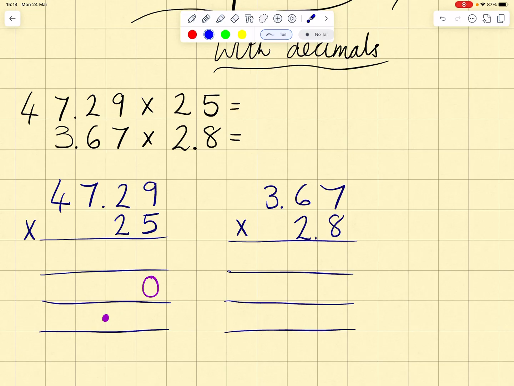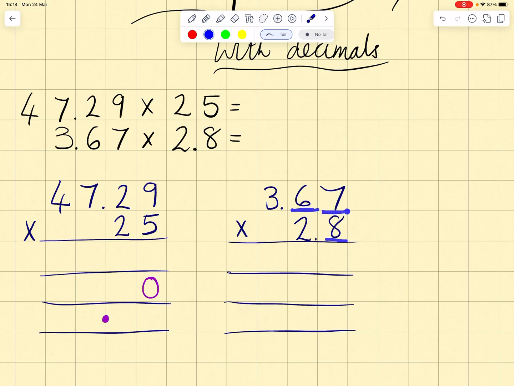So here I've got 1, 2 after this decimal, and 1 after this one. In total, that makes 3. 1, 2, 3. So that means I'm going to place that decimal 3 into my final answer. 1, 2, and 3, and therefore it will go there.